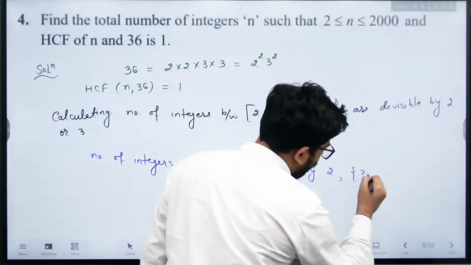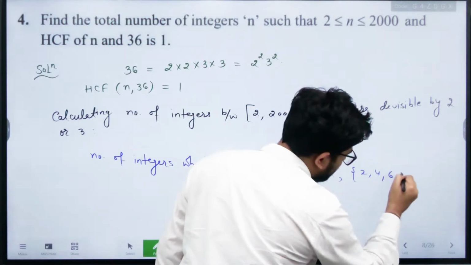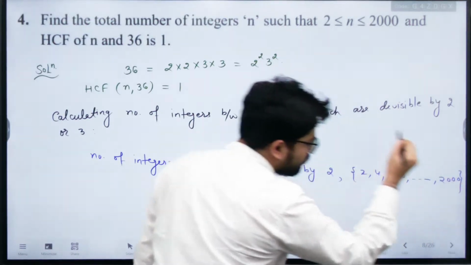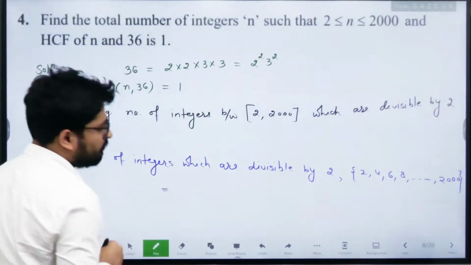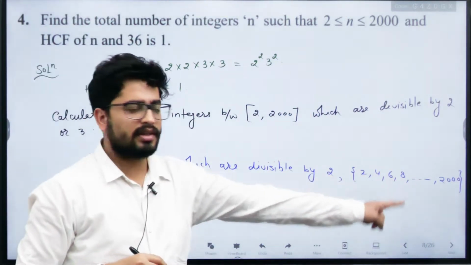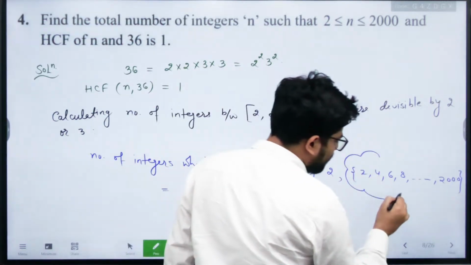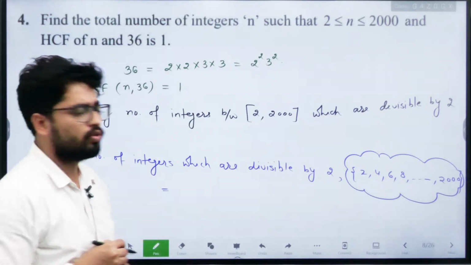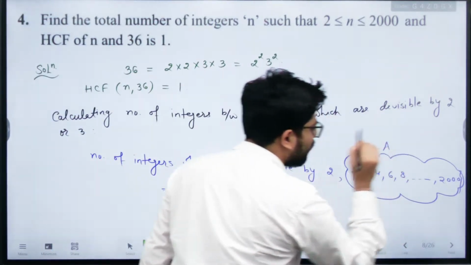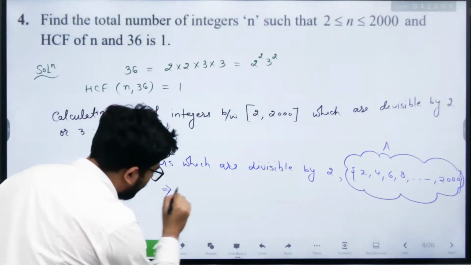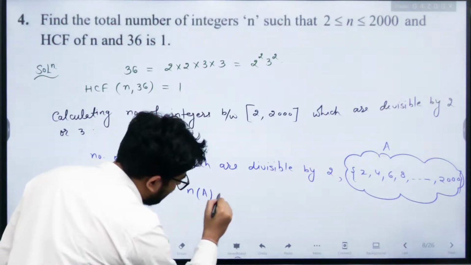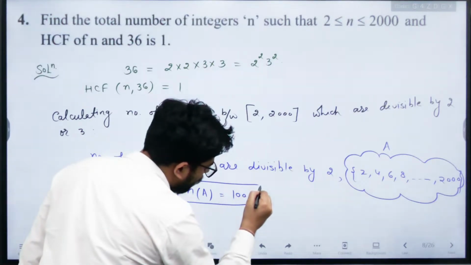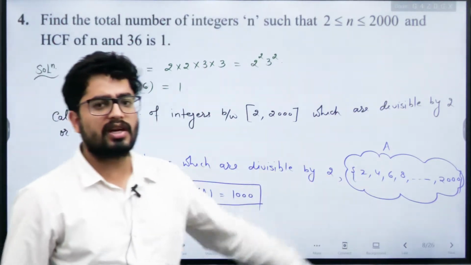They are 2, 4, 6, 8 until 2000. So how many numbers do we have in this set? This is the collection of all the numbers between 2 to 2000 such that they are divisible by 2. Let's say this set is A. So how many elements do we have in set A? Clearly we have 1000 elements.